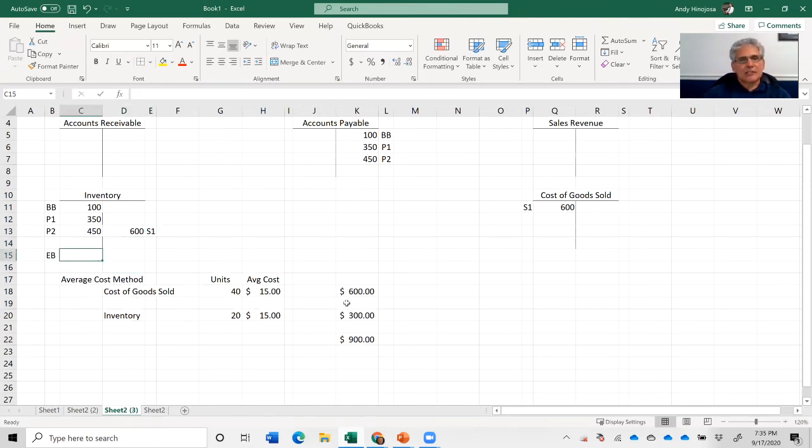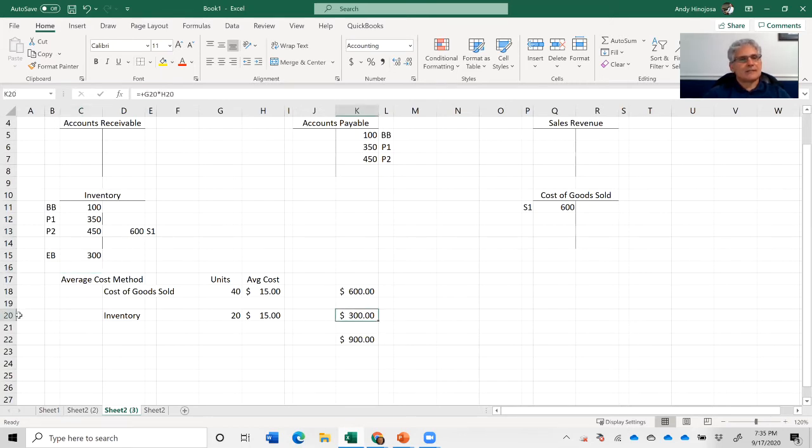So we have the cost of goods sold of $600, the ending inventory balance of $300. We're accounting for the $900. That's the $900 that we originally purchased. We take $600 away and we're left with an ending balance of $300.